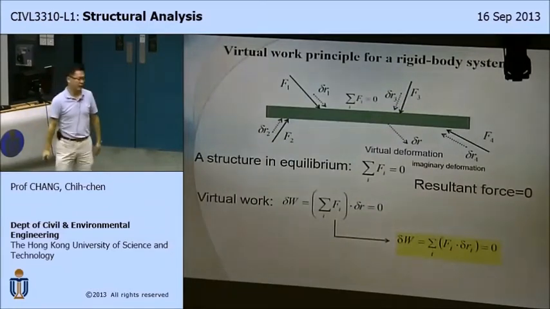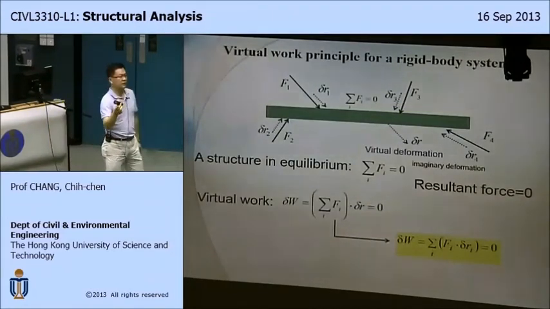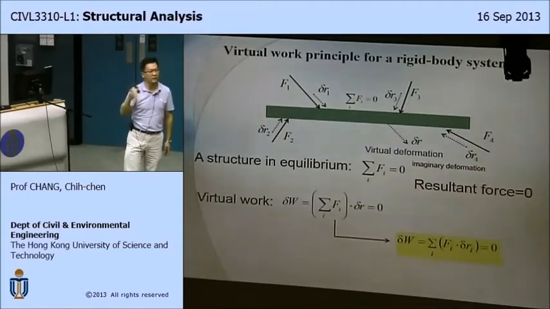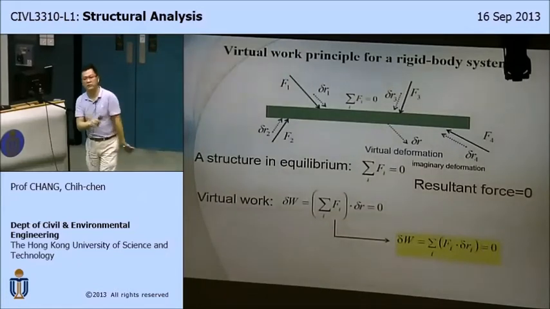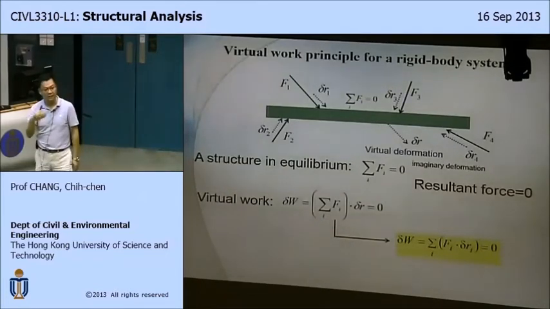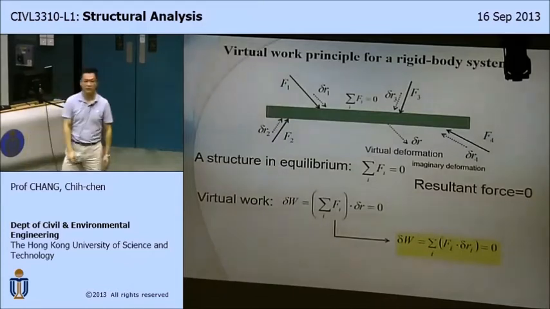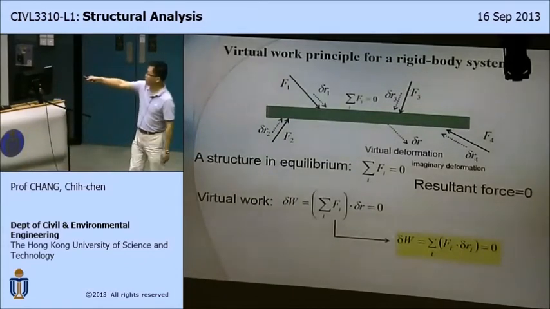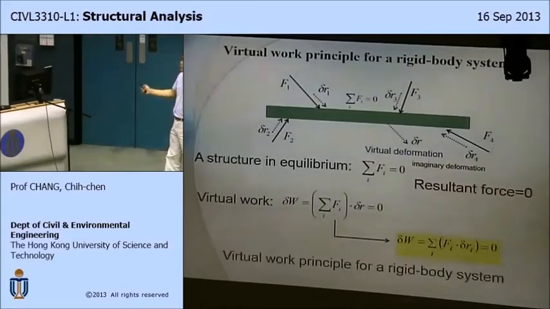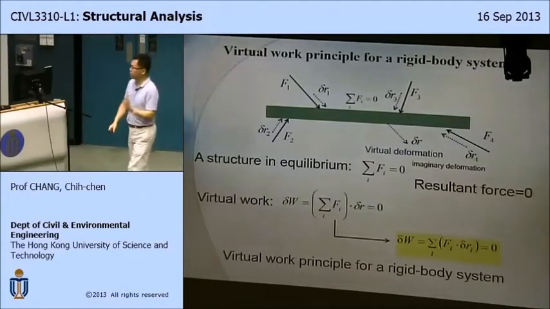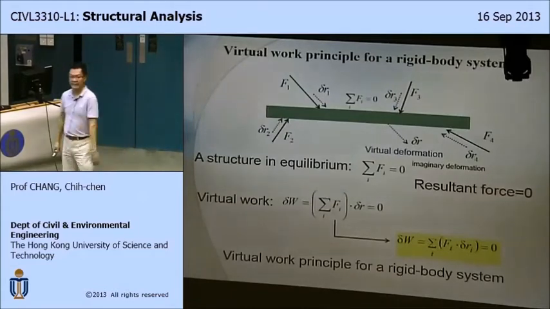The reason for that is the structure or the system is in equilibrium, so the summation of force is equal to 0. So any infinitely small disturbances that you put in will not throw in additional work. So virtual work should be equal to 0. Okay, so this is the so-called virtual work principle for a rigid body system.